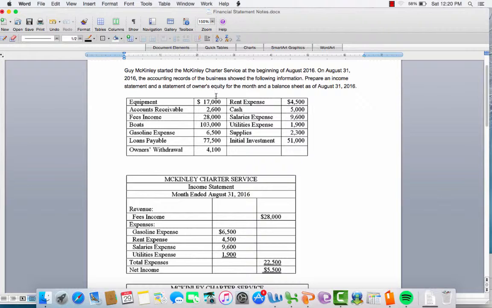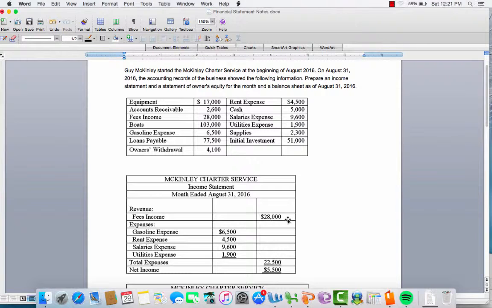Well, if we go through all these accounts, there's really only one that is attributable to revenue, that fees income. That's money that was paid by customers for using his charter services. Well, he earned $28,000 through the month of August. So we have that over here. Notice that's over in the right-hand column, $28,000. Now that's his only revenue for the month.